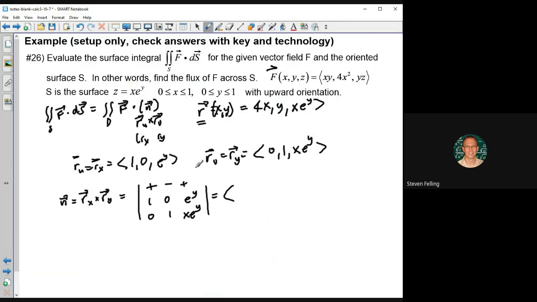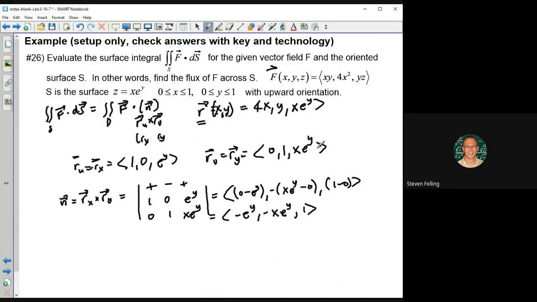And so that means we're taking 0 minus e to the y. The negative of this times this is x e to the y minus 0. And then this is 1 minus 0. So it looks like we've got negative e to the y, negative x e to the y, and 1.